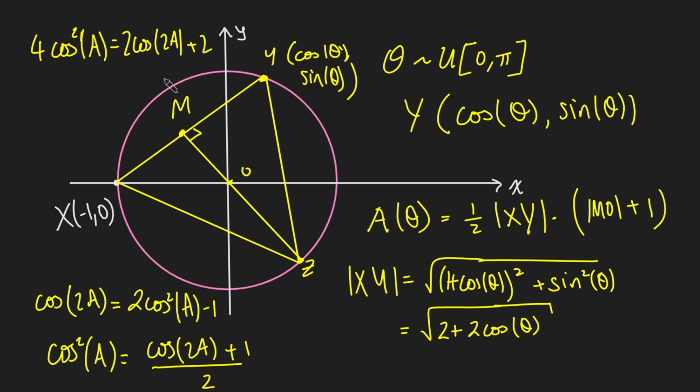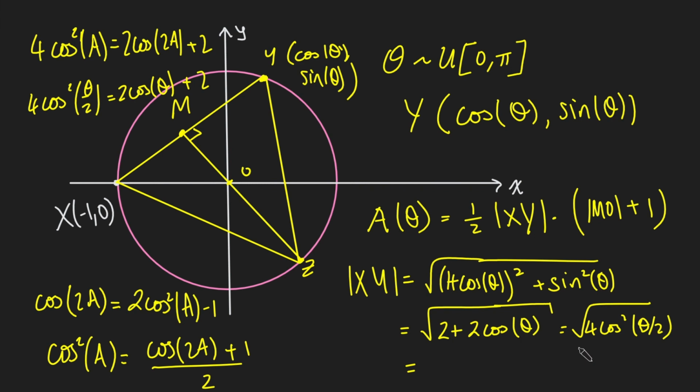And so now, if I replace A with theta over 2, this becomes 4 cos squared theta over 2 equals 2 cos theta plus 2, like so, which is precisely what we have inside the square root. And so this is the same as the square root of 4 cos squared of theta over 2, and then taking the square root of this, that's just 2 cos of theta over 2.